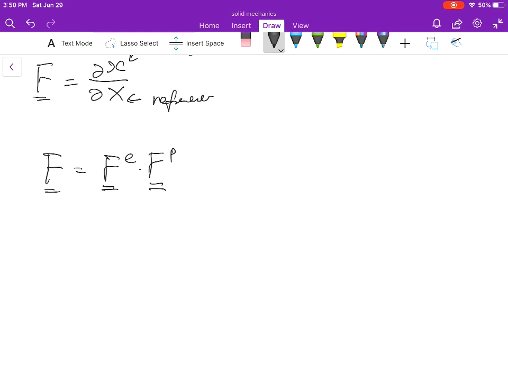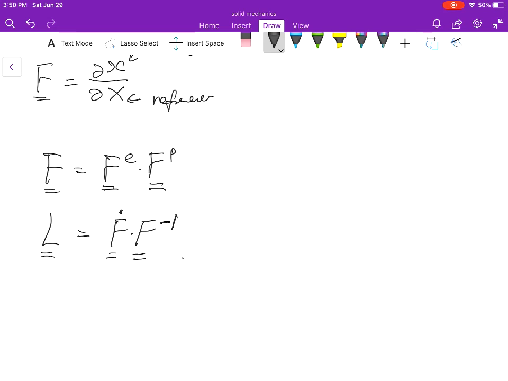And also there's another relation we all know, that is the velocity gradient L can be written as this. Here the dot denotes the time derivative, and this -1 denotes the inverse.